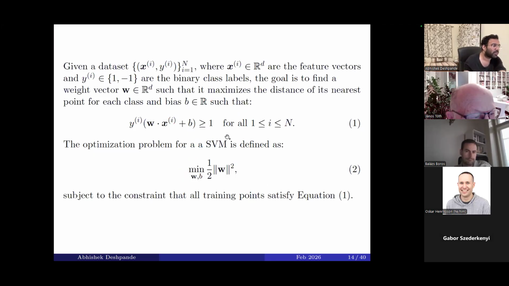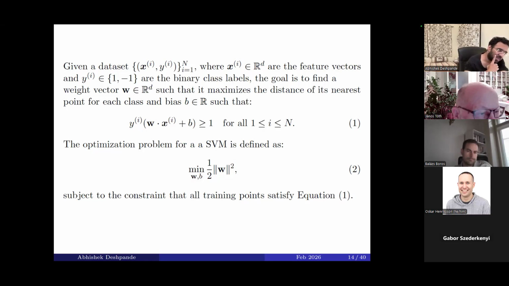So we want to classify points correctly, and we want a weight vector that maximizes the distance of its nearest point, and the distance is given by 2 by the norm of W plus something. That's why maximizing the distance means minimizing the norm of W square, right? Subject to the constraint that the training points satisfy equation 1.